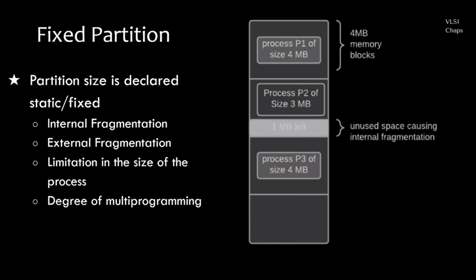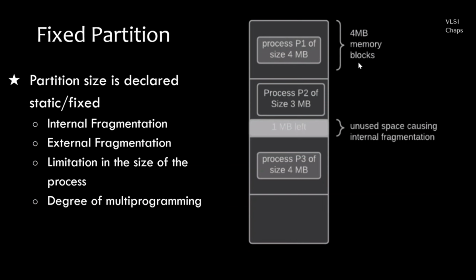If I have a process whose size is less than or equal to 4 MB, then it will be able to load in this main memory. But if the size of the process is greater than 4 MB, then it won't be able to fit into this main memory. So this is one limitation: if the allocated size of the block is lesser than what the process actually needs, then that process won't be able to load.